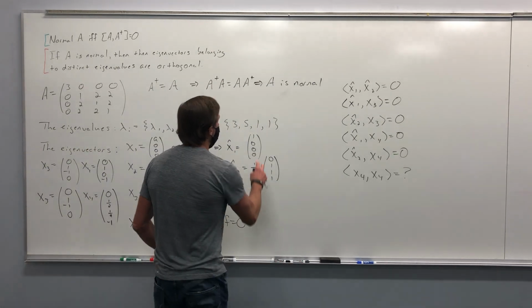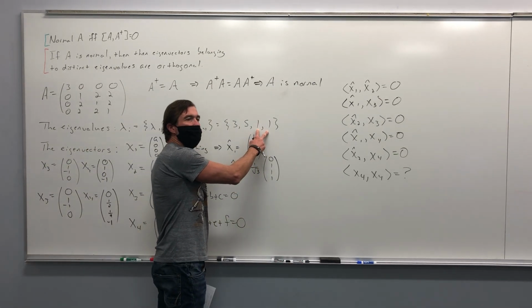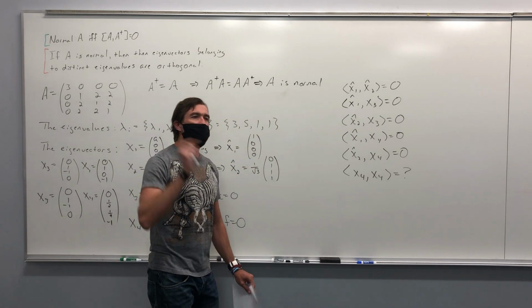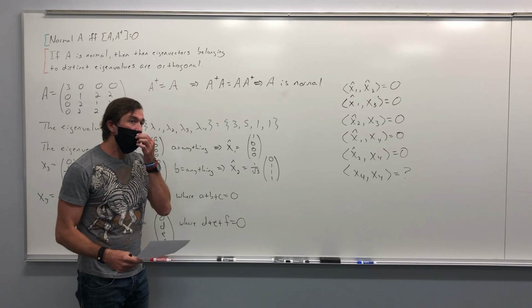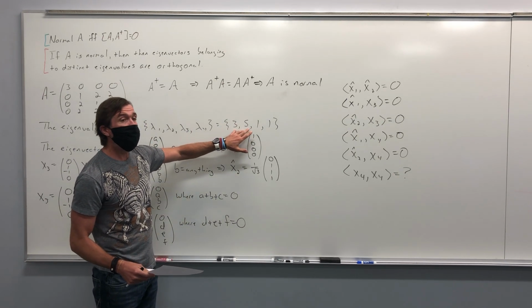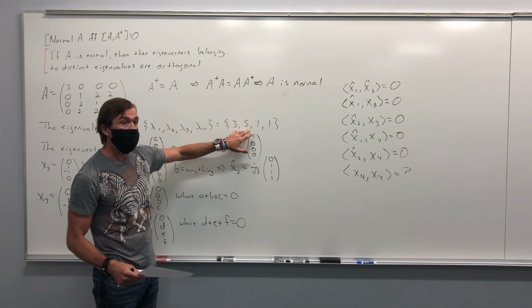So, I'm not saying that these can't be orthogonal to these. I'm just saying there's nothing that's forcing them to uniquely be of any form and be orthogonal to these.